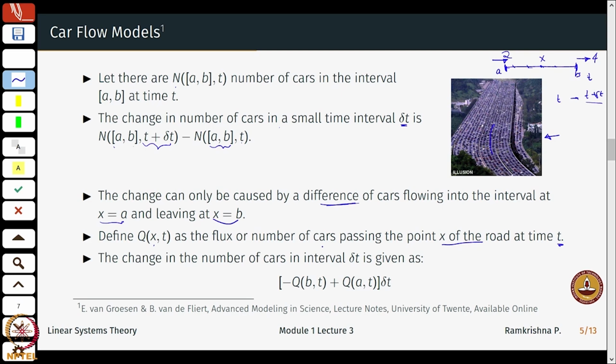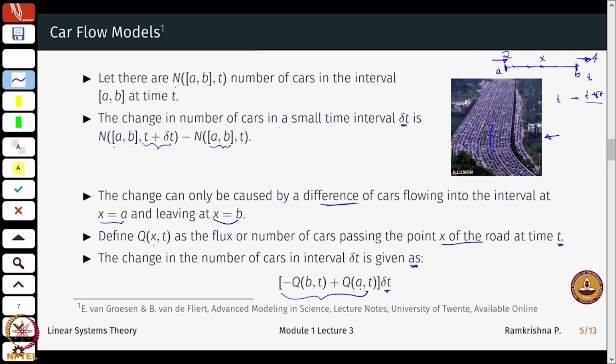Okay. Now, the change, as I said, is caused only by the difference of what happens at point a and point b. The change in the total number of cars in this interval will just be given by this, assuming that cars leaving at point b are treated as negative and cars entering at a are treated as positive, in the interval delta t. Okay.